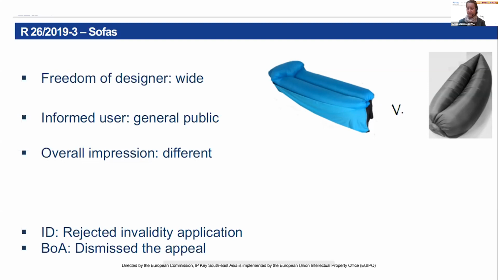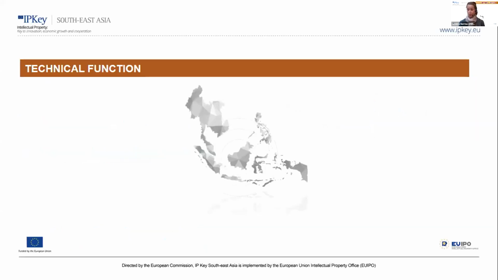Then the next slide is about the technical function. I mentioned before that this is one of the interesting issues, not so frequent at invalidity stage, but when it happens, it's worth mentioning the case.